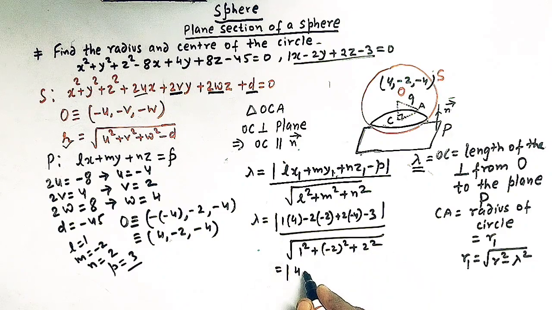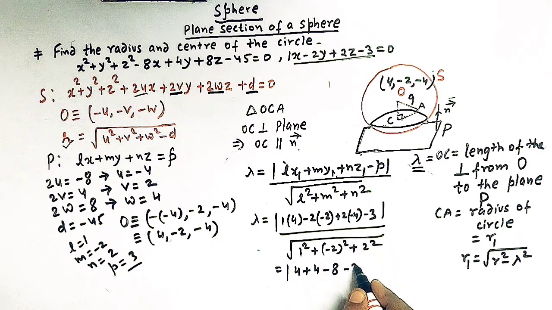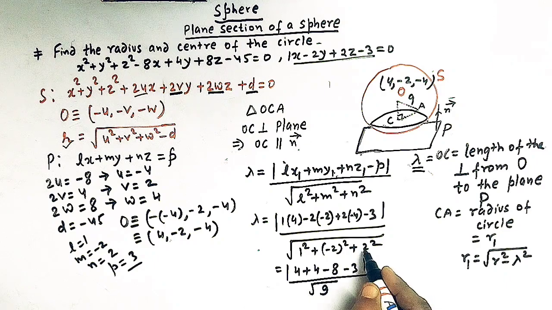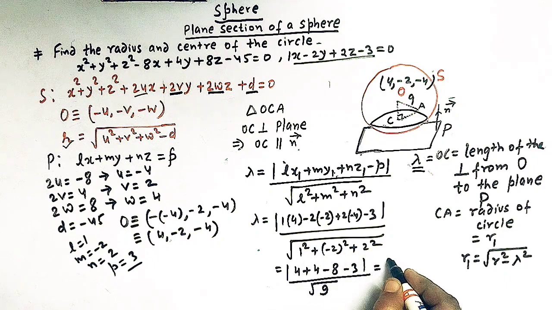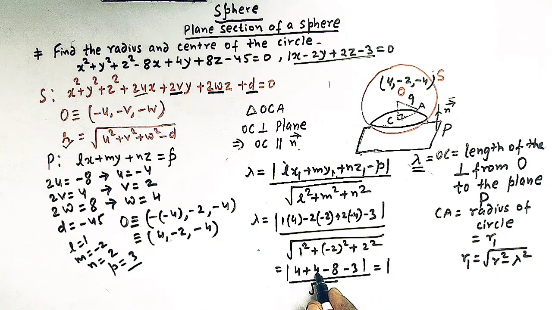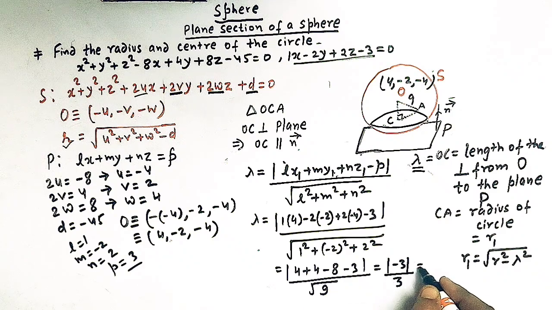So this is 4 plus 4, then minus 8, then minus 3, over square root of 1 plus 4 plus 4, which is square root of 9. Here 4 plus 4 is 8, 8 minus 8 is 0, so mod of minus 3, which is simply 3, over 3.